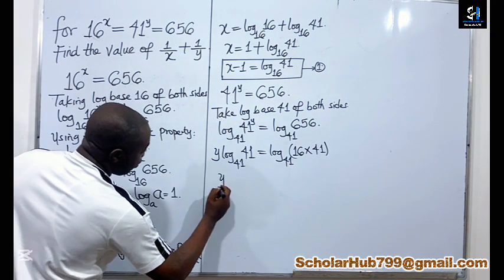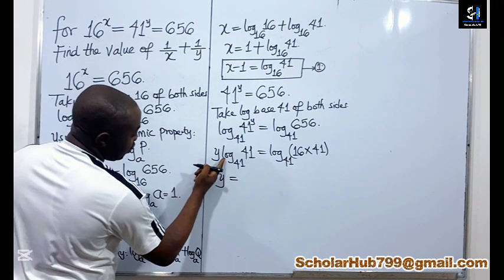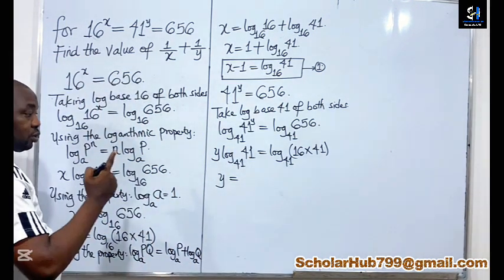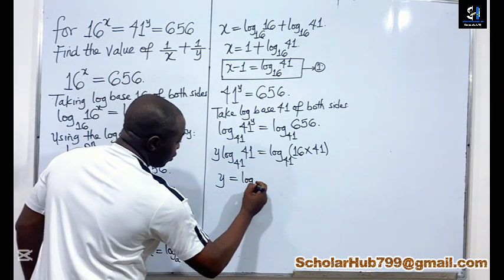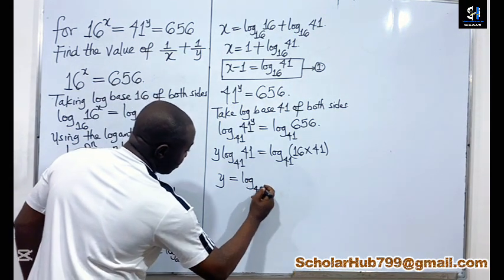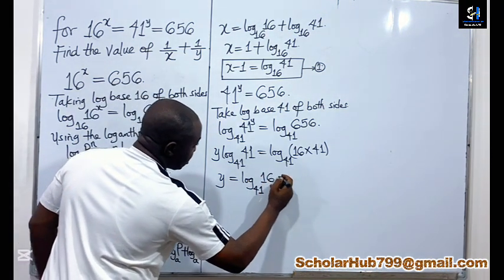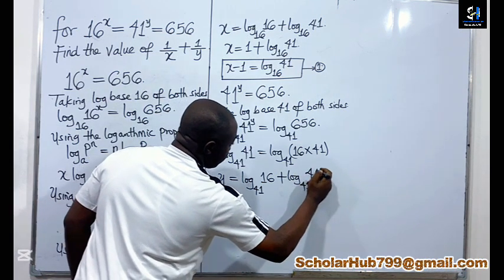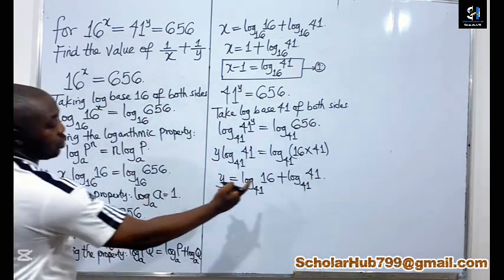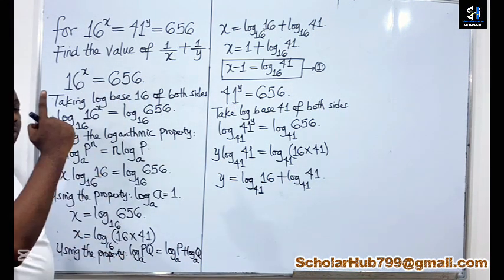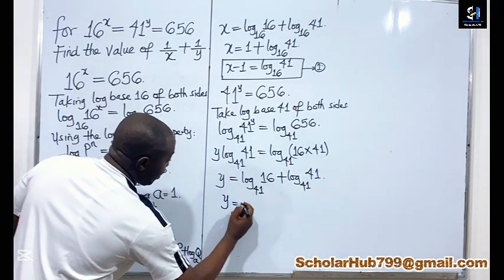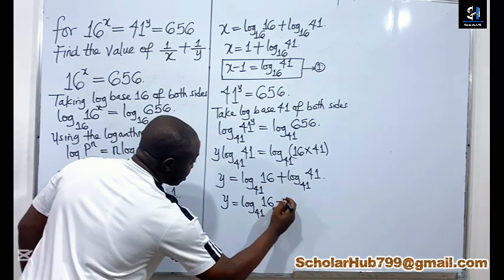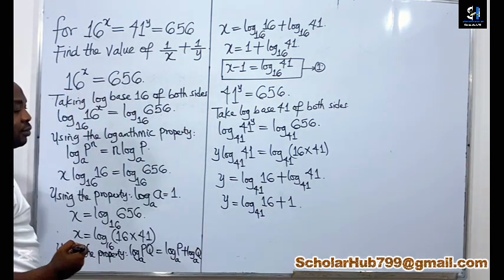So y equals log base 41 of 16 plus log base 41 of 41, because log base 41 of 41 is equal to 1. So this will be y equals log base 41 of 16 plus 1.